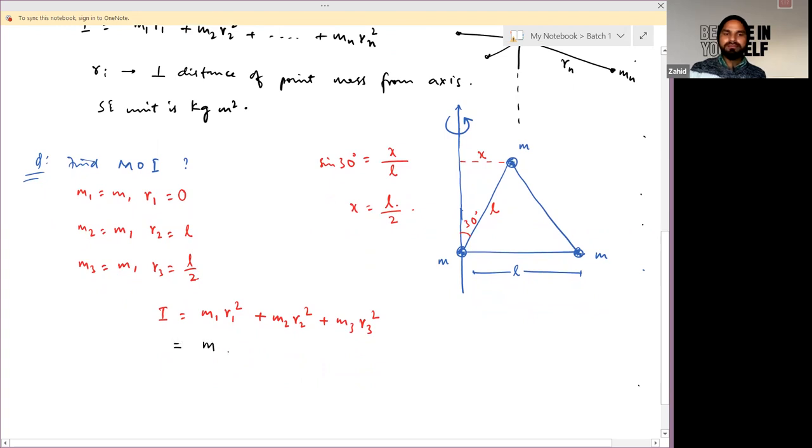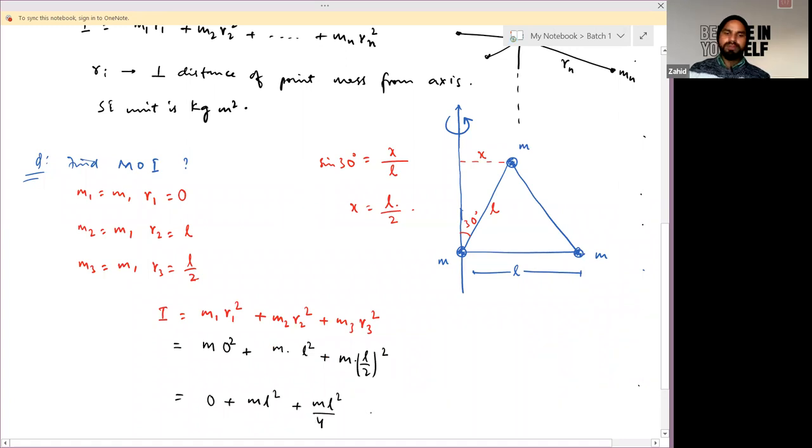M1 is M, R1 is 0. M2 is M, R2 is L, square. M3 is M, and R3 is L by 2, square. So this term will be 0, this term will be ml square, and this term will be ml square by 4.